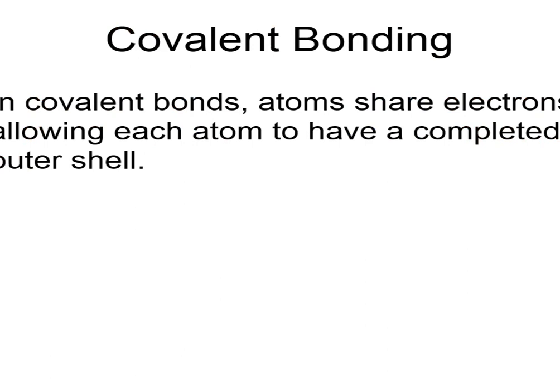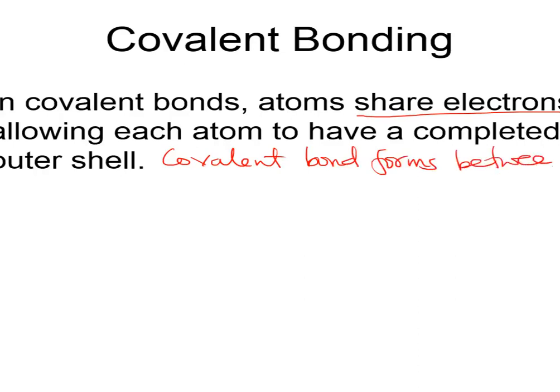Then we have another type of chemical bond that we call a covalent bond. So in this case, the atoms share electrons. So the atoms will share electrons to form a covalent bond. This bond, the covalent bond, forms between non-metals.